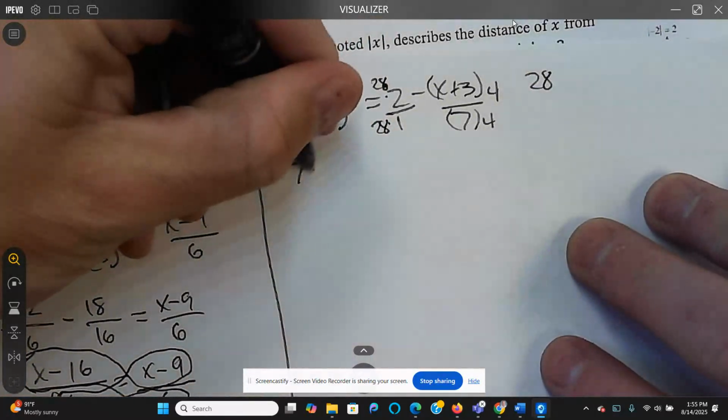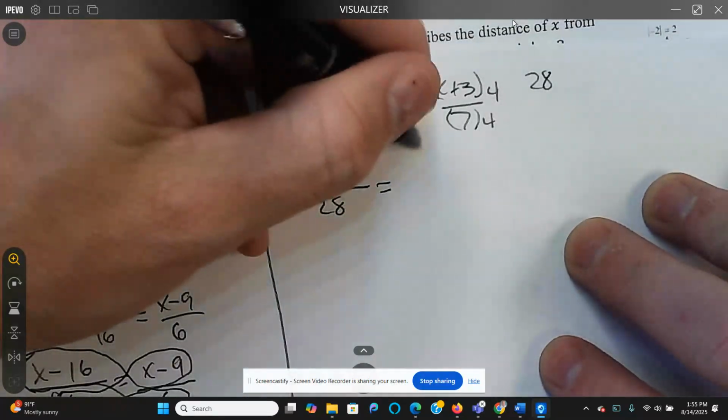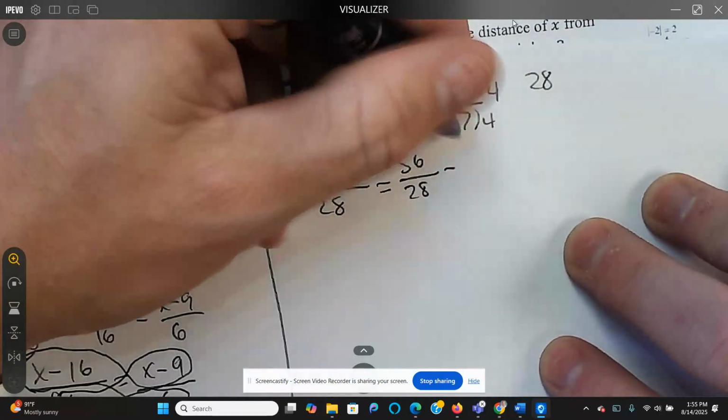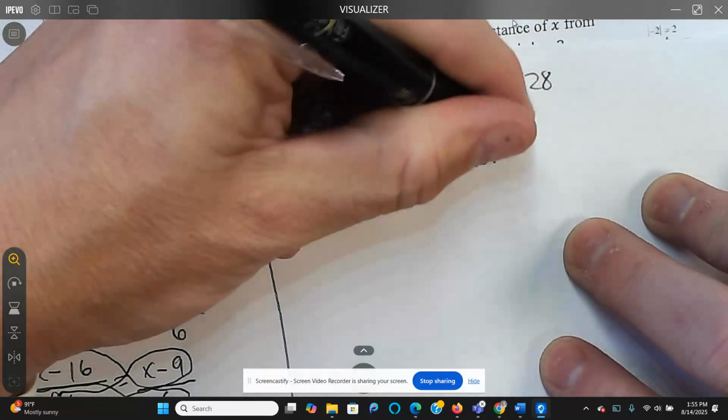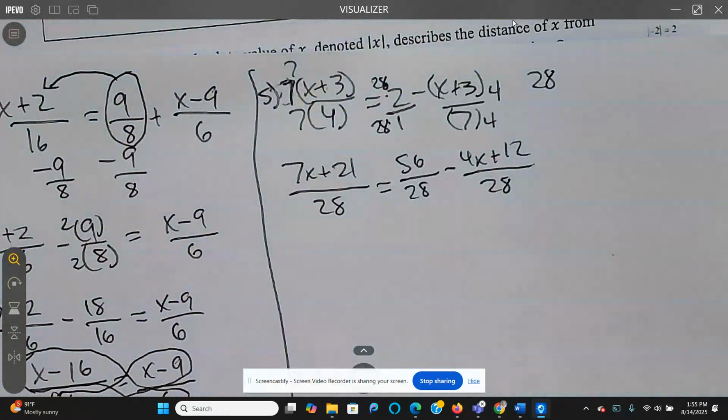So distribute: 7x plus 21 divided by 28, 56 divided by 28 minus. This part got people last hour too. There's a lot of little ways you can get off track on this one.